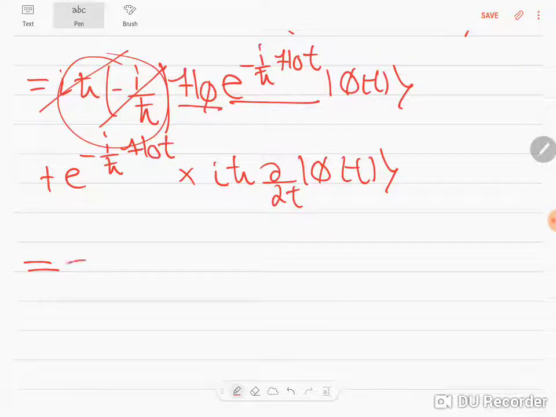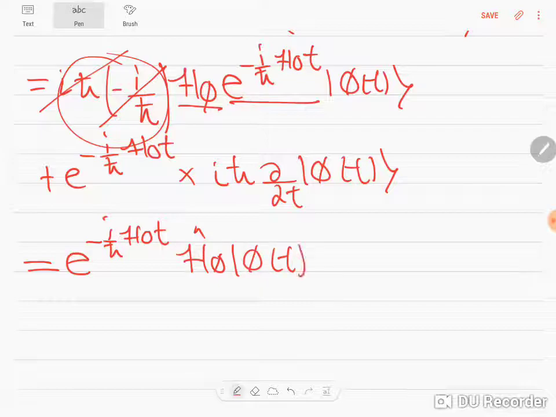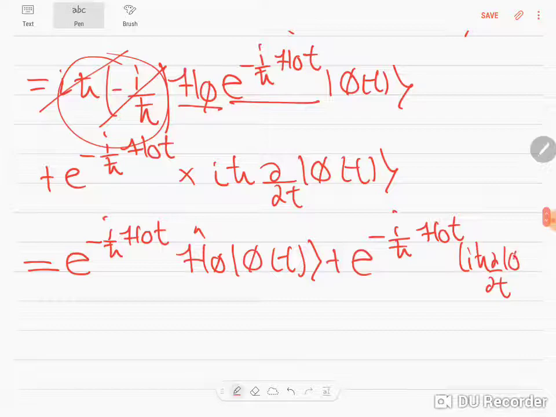So this is nothing but e to the minus i over h bar H0 t times H0 acting on phi of t, plus e to the minus i over h bar H0 t times i h bar times the time derivative of the state phi.